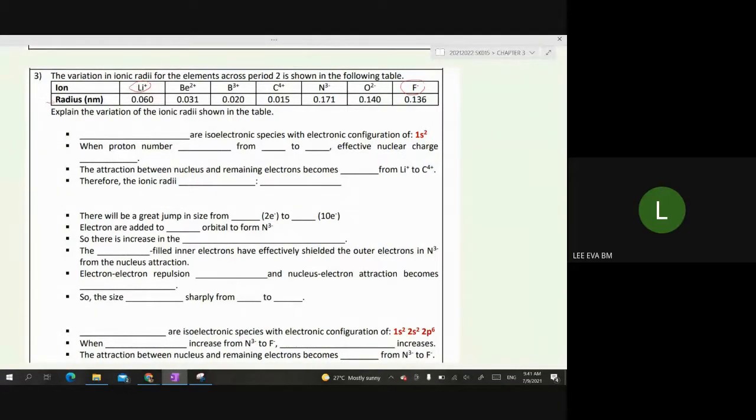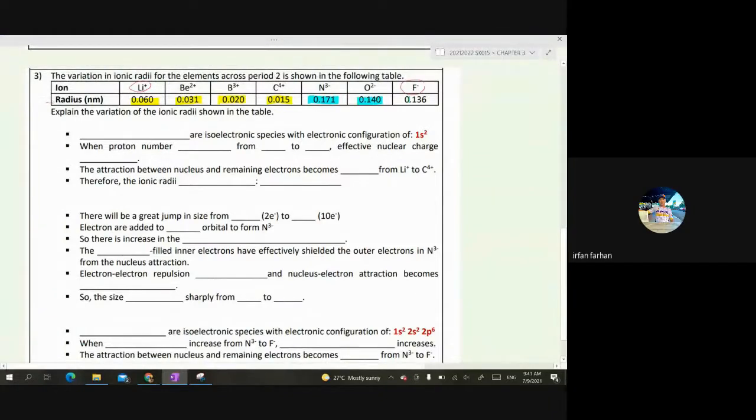Are you sure increasing? Okay, macam kejap ada highlight kan. Lithium 0.06, beryllium 0.03, 0.02, 0.015. Tiba-tiba sampai nitrogen dia jadi 0.1. Kemana hilang 0.0?